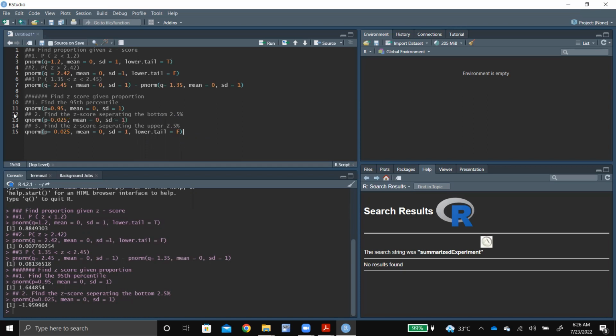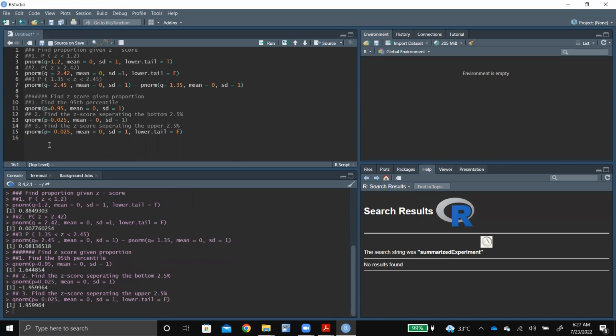Now, before even finding the answer, what should we expect? We should expect that whatever we obtained in number 2, the answer in number 3 should be exactly the same, but the sign should change. Instead of negative 1.96, we should get positive 1.96. Let's check if it is correct. See, we have exactly what I discussed.